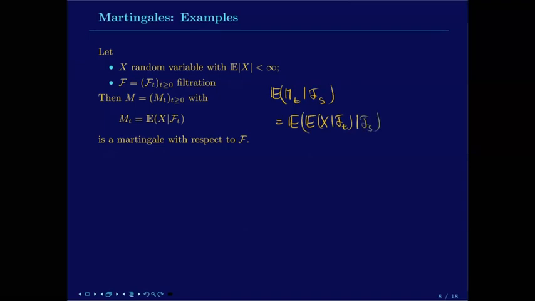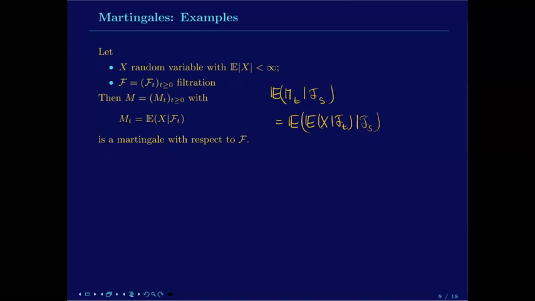Now we have a nesting of two conditional expectations, where the inner conditional expectation is with respect to F_t, which contains completely F_s, the sigma algebra at an earlier point in time.